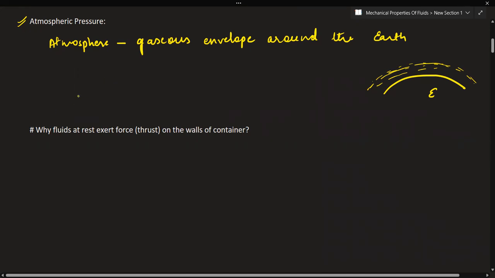The value of atmospheric pressure measured on earth, represented by P naught or P atm, is 1.013 times 10 to the power 5 pascals. And you have to remember this value because most of the time it won't be mentioned in the questions. All right, is this clear?